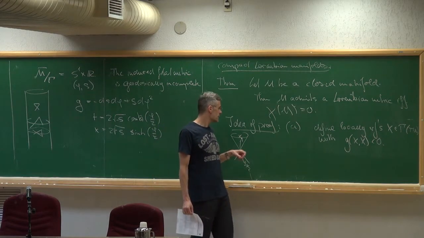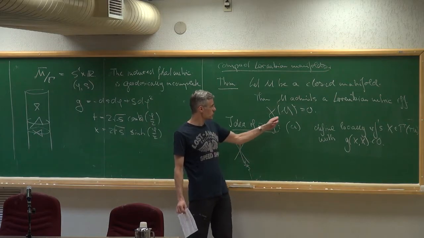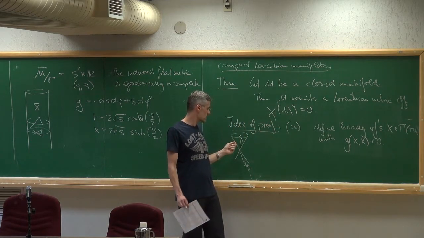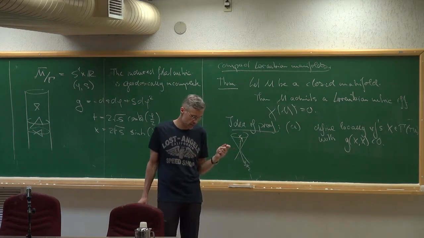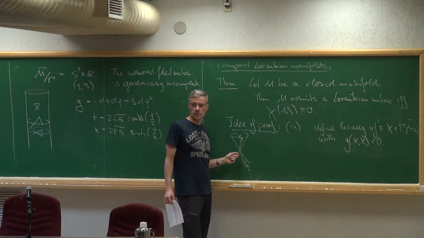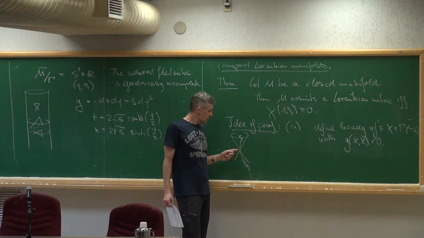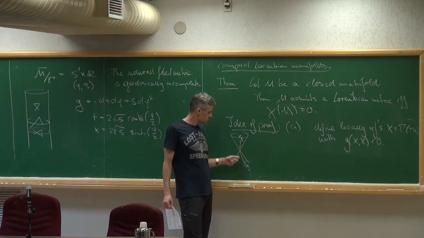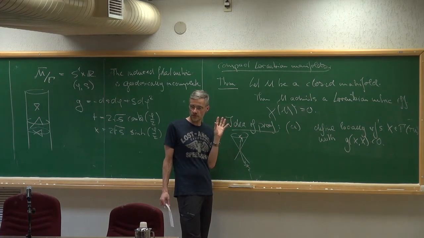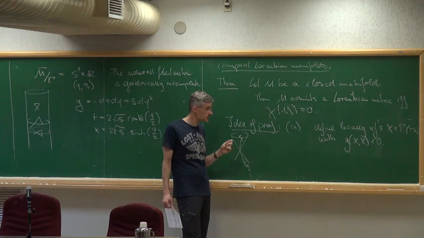But in order to arrive at a vanishing Euler characteristic, I need not necessarily a non-vanishing vector field, but a section of the projective bundle. Projectively, these things are basically the same convex subset of the projective space of these tangent spaces.